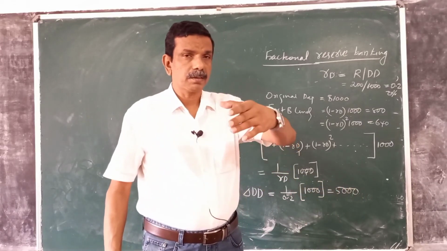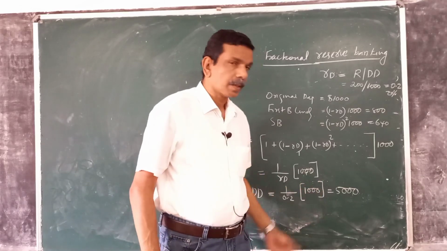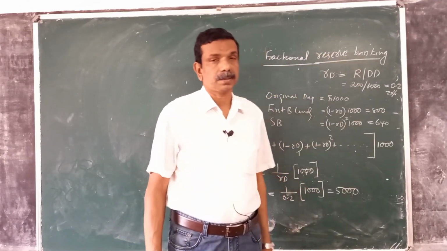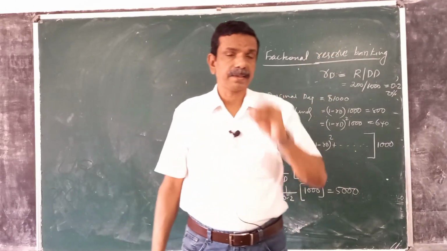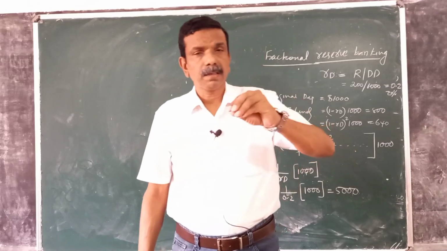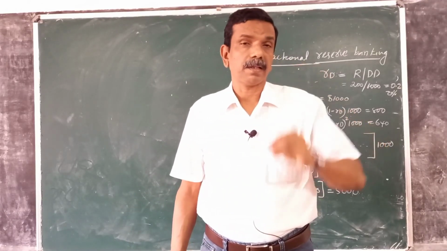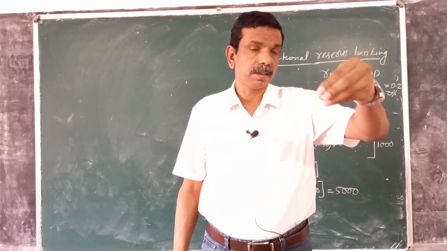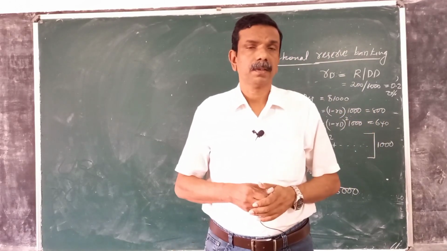Initially 1000, 800, 640, etc. That is money supply. This is the case of fractional reserve system. And remember this model is based on the assumption that public will not keep any money in the form of currency. The entire currency or money is deposited as demand deposits.